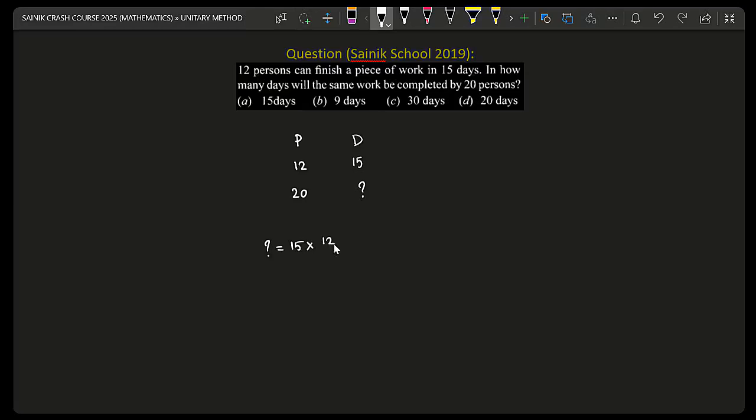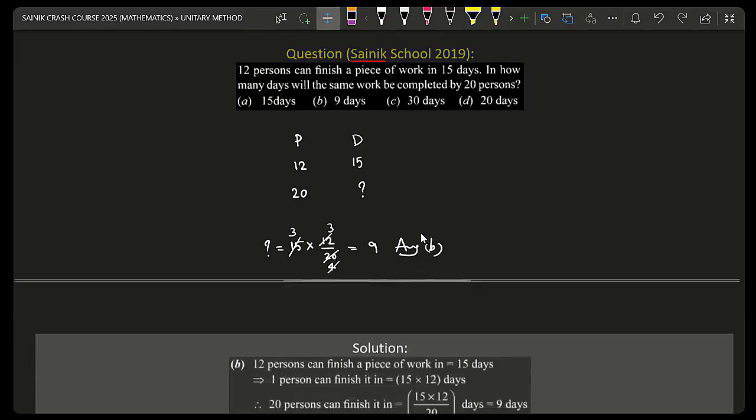So just write 12 by 20 and simply do cuttings. 15 and 20 both are divisible by 5. 5 threes are 15, 5 fours are 20. 4 and 12 divisible? 4 ones are 4, 4 threes are 12. That is the answer, 9, option B. Very good, Pranay. You can mute now.